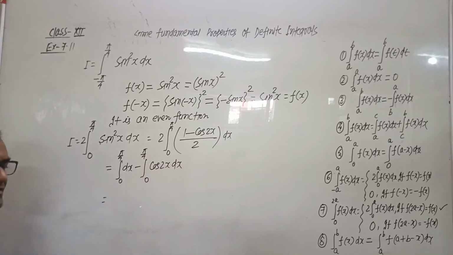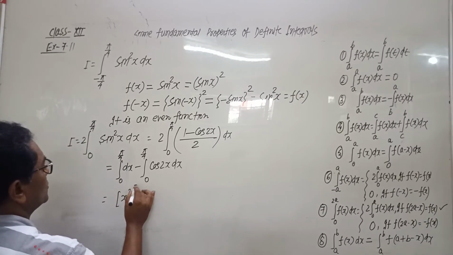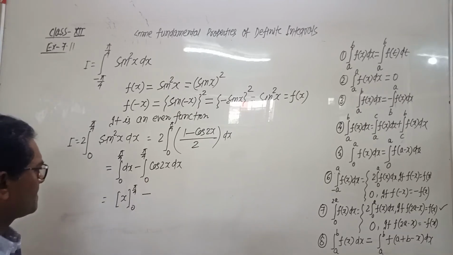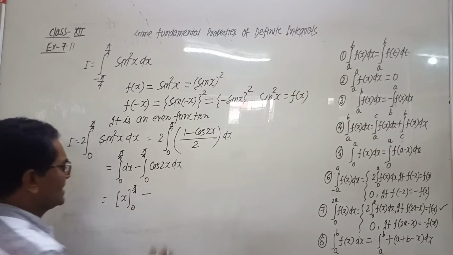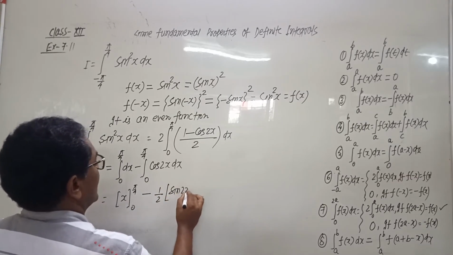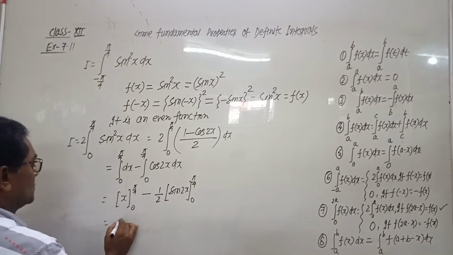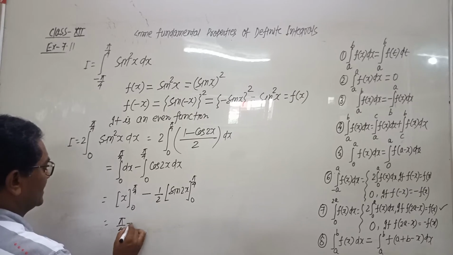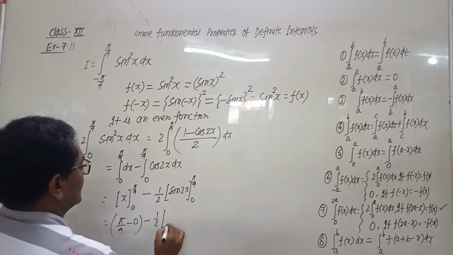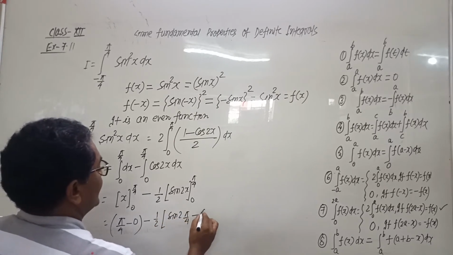Integration of dx is x, with limit from 0 to pi by 4, and integration of cos 2x is sin 2x by 2. So 1 by 2 outside and sin 2x with limit 0 to pi by 4. Put the limits: pi by 4 minus 0, and minus 1 by 2 times sin 2 into pi by 4 minus sin 0.